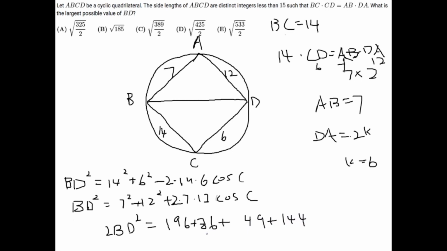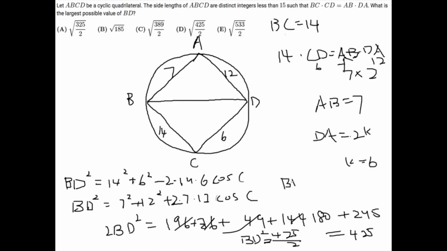So just adding these together, this is 180, this is, I think, 245, and this is going to come out to be 425. Dividing that by 2, we have 425 over 2 equals BD squared. And so we have BD equals the square root of 425 over 2. And that is D.